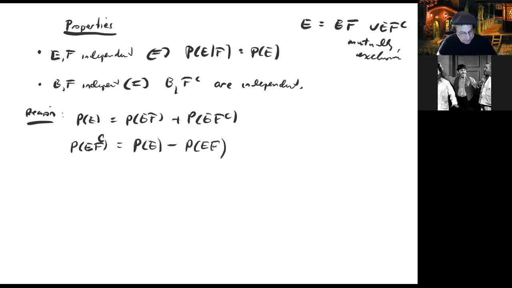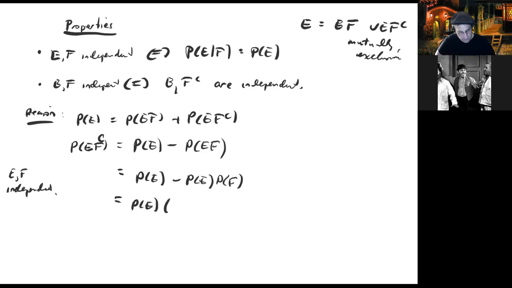Okay, but now if we have independence, if E and F are independent, then this is the same thing as the probability of E minus the probability of E times the probability of F. And if we factor out the probability of E, then we get 1 minus the probability of F times the probability of E. But that's the probability of E times the probability of F complement.